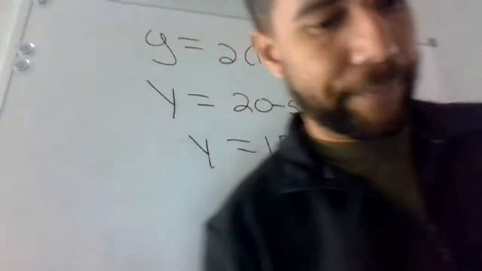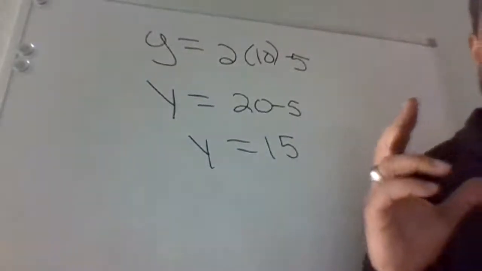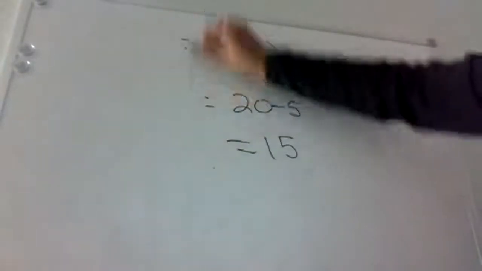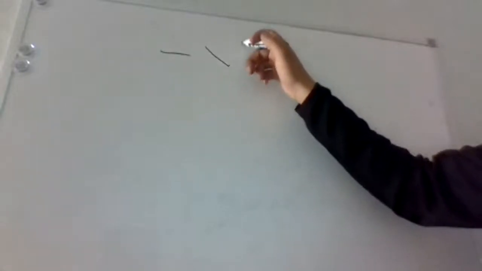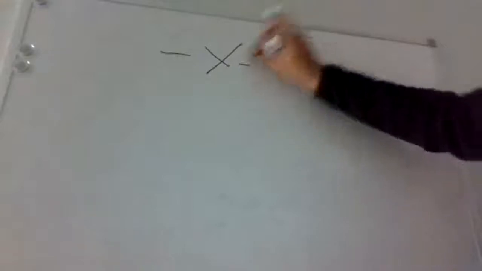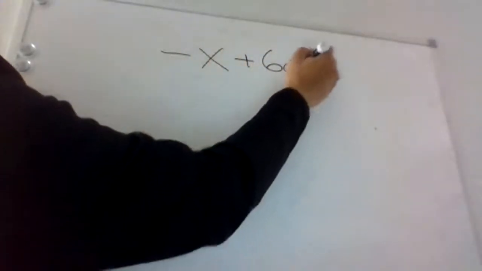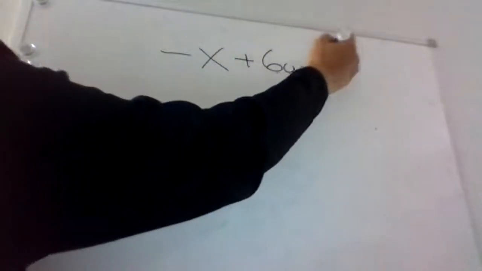So we know how to use the substitution method when we know what y equals. So now we're going to talk about using the elimination method. So let's say we have negative x plus 6y equals 8.